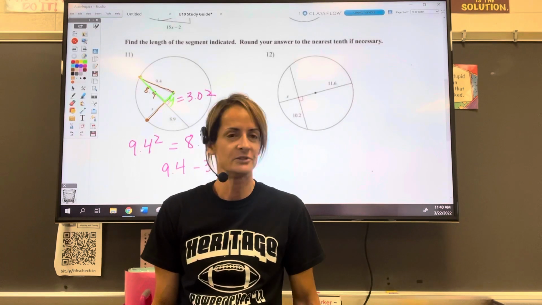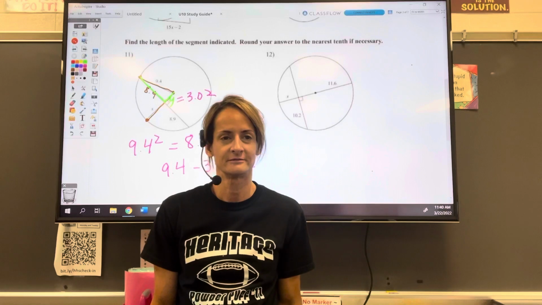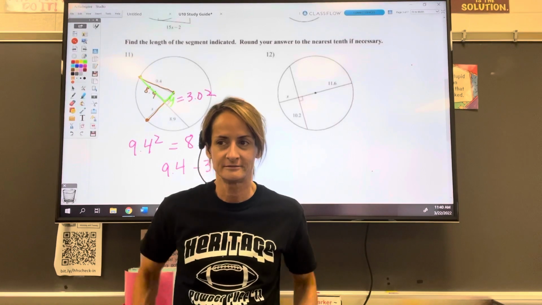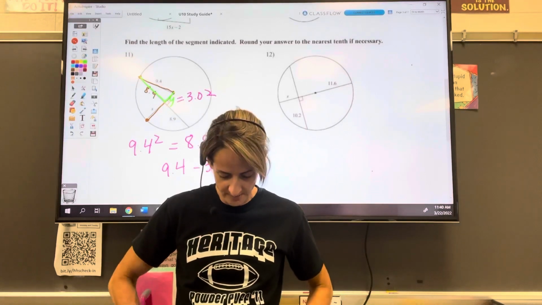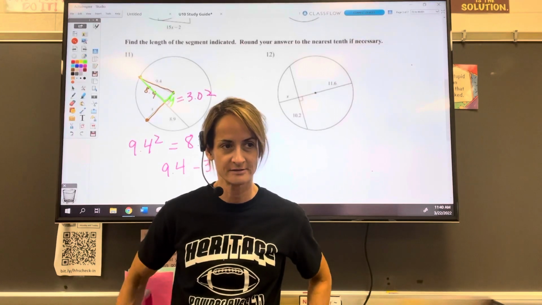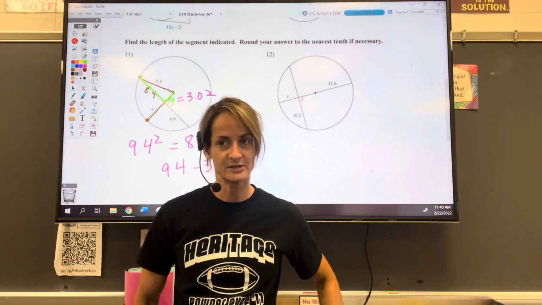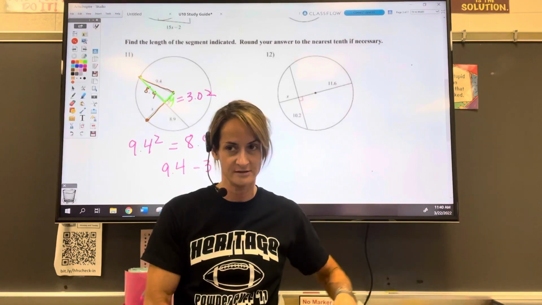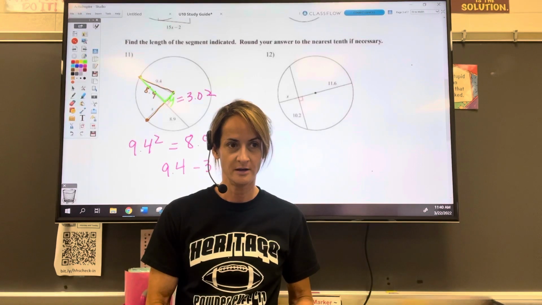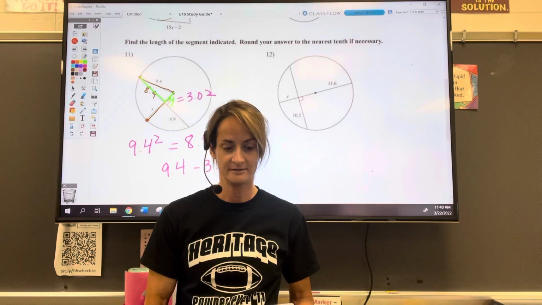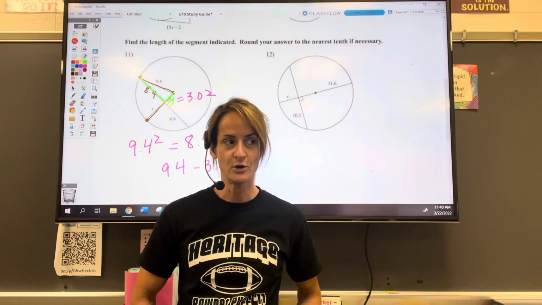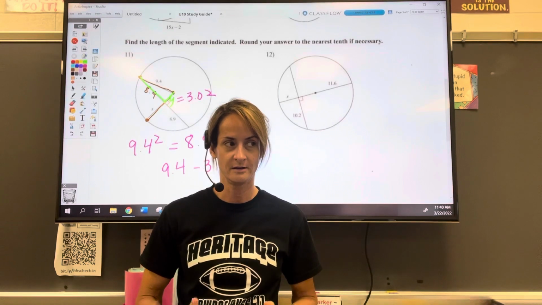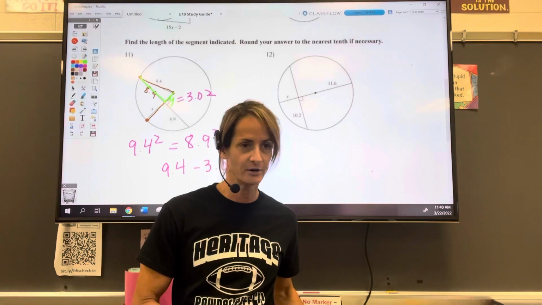Is anyone wearing mom jeans right now? Nobody? I know you guys have them. I tried them on yesterday at Kohl's. It was super exciting. They were actually legit. They were called mom jeans. I was like, who buys these? Nobody, except for my daughter.